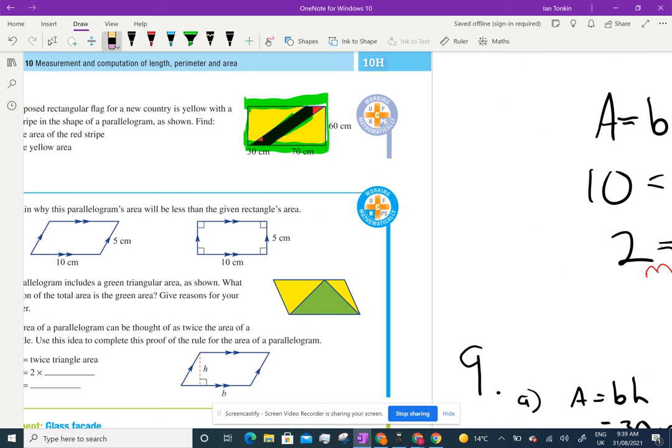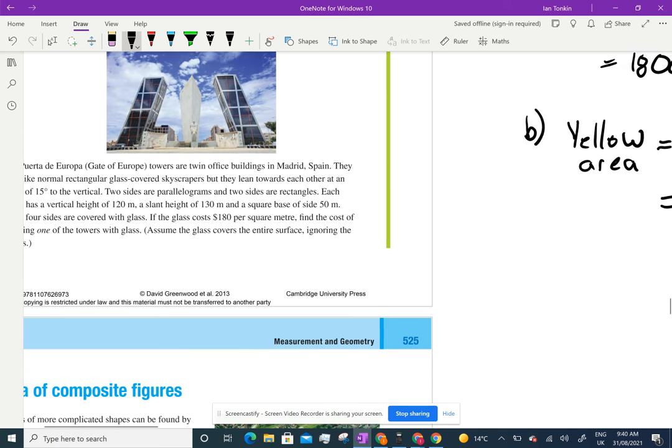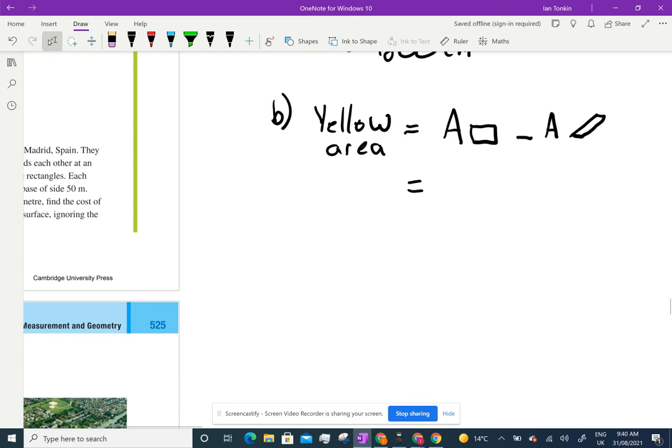It's base times height, and its base is all this distance. So that's 30 plus 70. And 30 plus 70 equals 100. So the base is 100. And the height is 60.